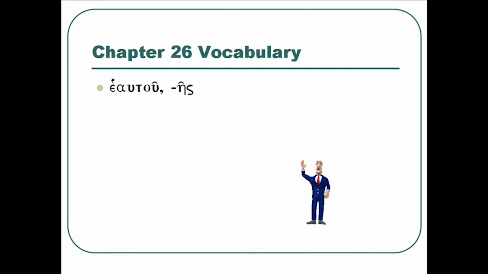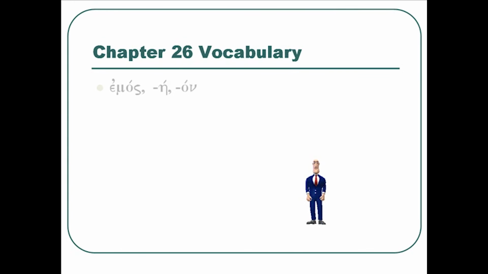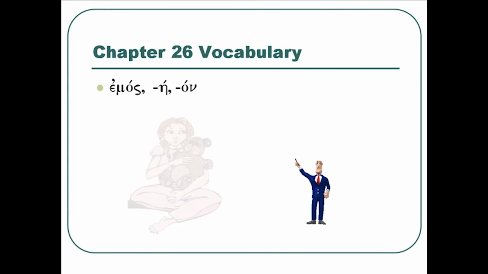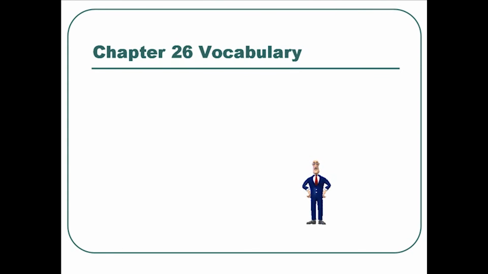The vocabulary for chapter 26. The first word is heautou, and it means of himself, herself, or itself. The second word is emos, and it means my or mine.